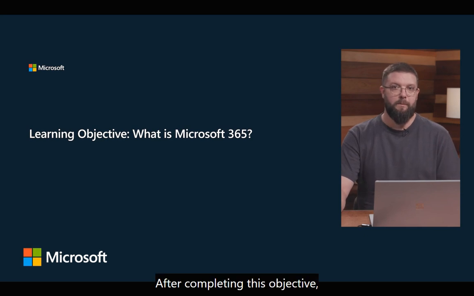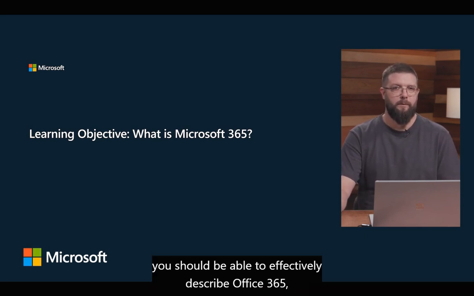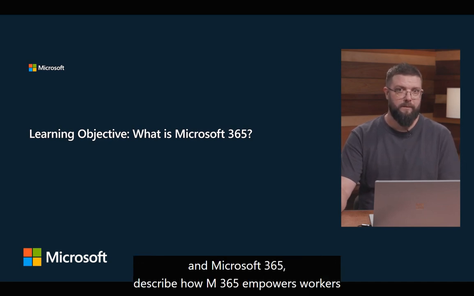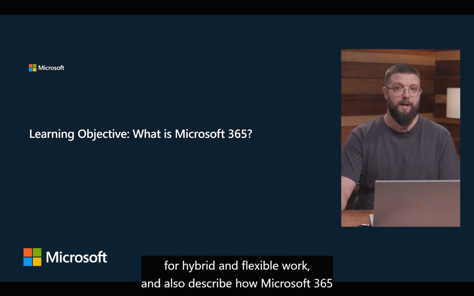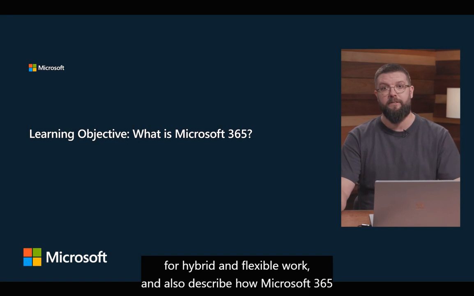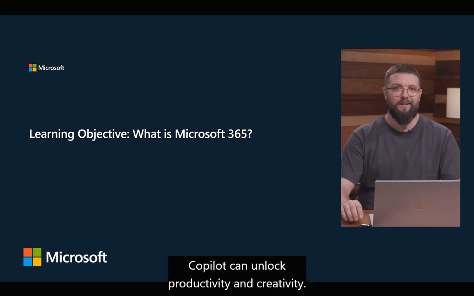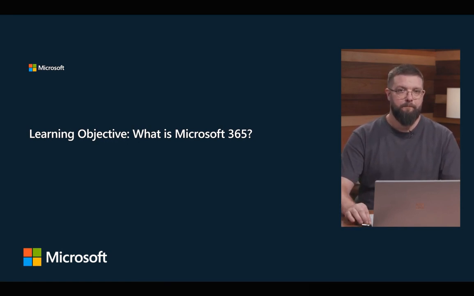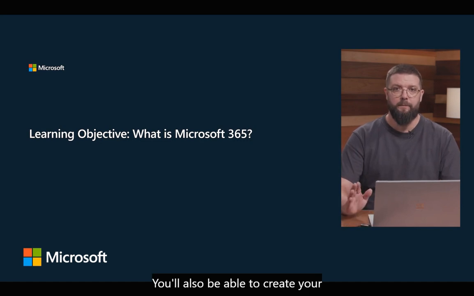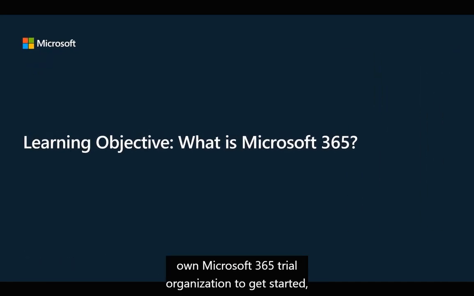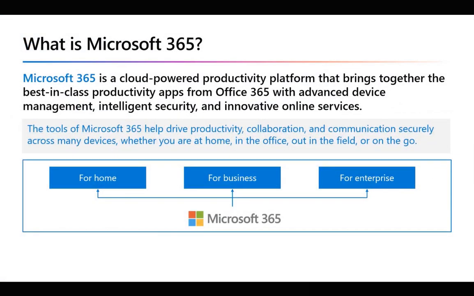After completing this objective, you should be able to effectively describe Office 365 and Microsoft 365, describe how M365 empowers workers for hybrid and flexible work, and also describe how Microsoft 365 Copilot can unlock productivity and creativity. And you'll also be able to create your own Microsoft 365 trial organization to get started and get some hands-on experience with it.